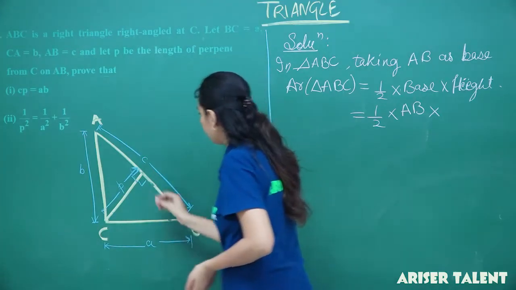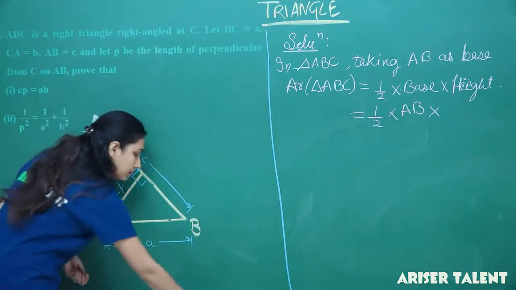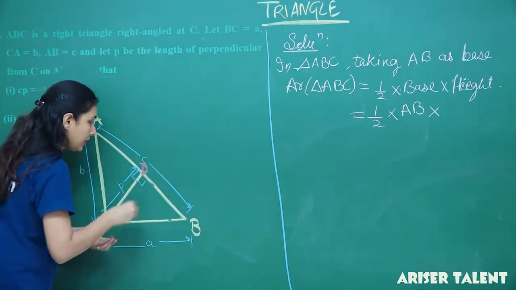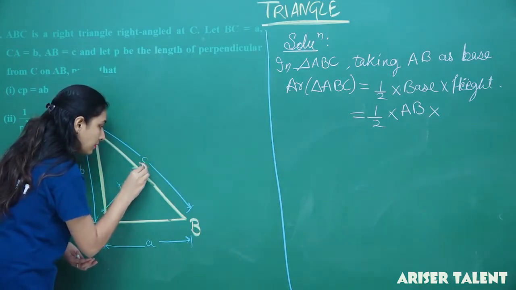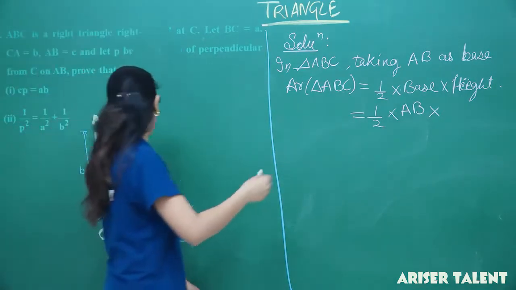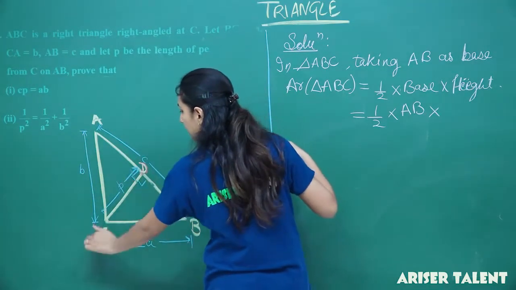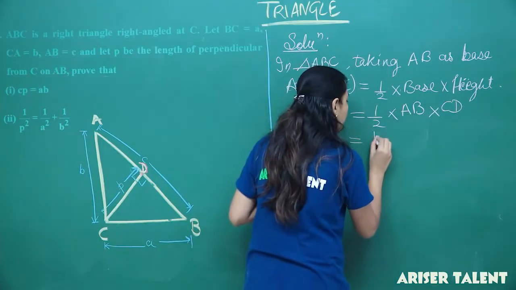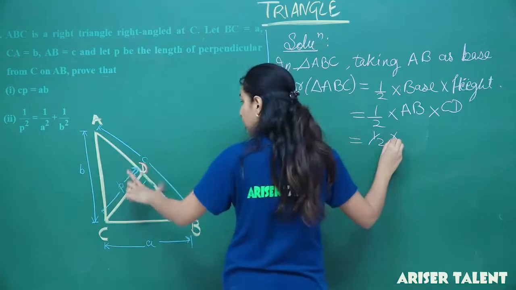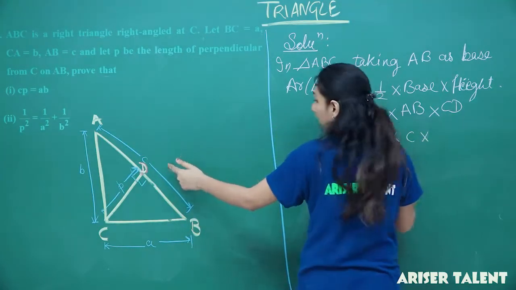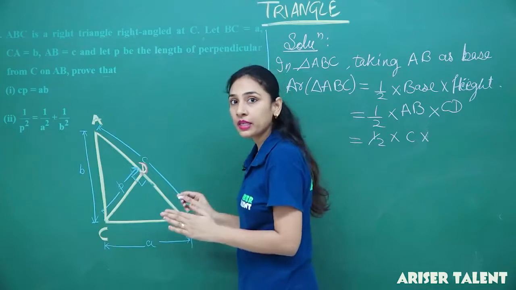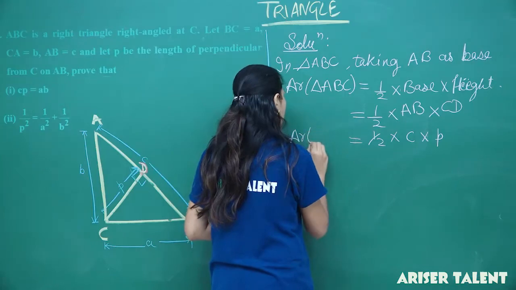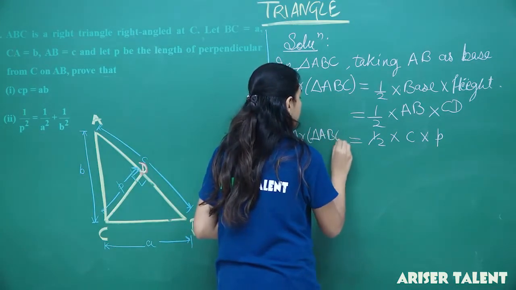Let's name this point D. Okay, this is point D. So, AB, this is base, multiplied by CD. Now, the value of AB equals C, which is given. Write C here. And CD equals P, small p. So, this is our first equation.